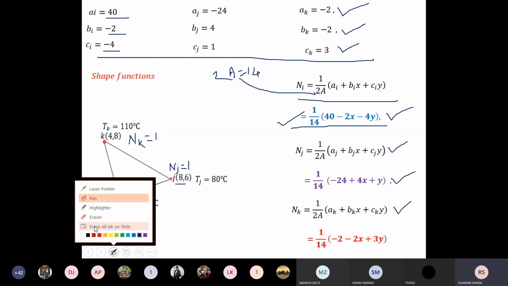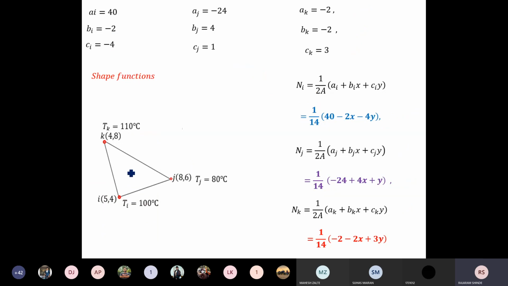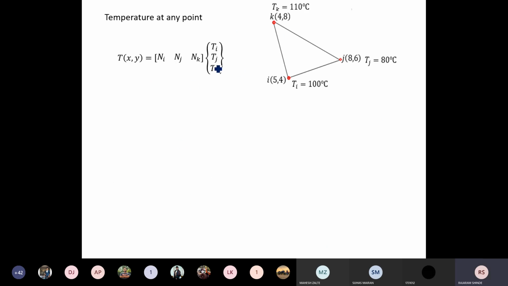Now our question is we have to calculate the temperature at an interior point, whose coordinates are 6, 5, I think. Now we have this equation, temperature at any point T(x,y) is Ni Ti plus Nj Tj plus Nk Tk. This equation is for the interpolation polynomial.